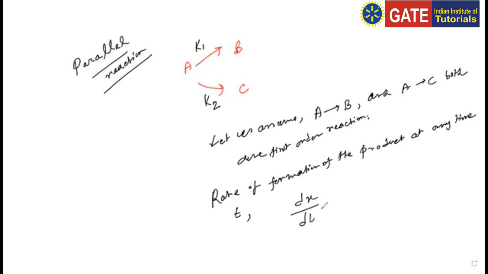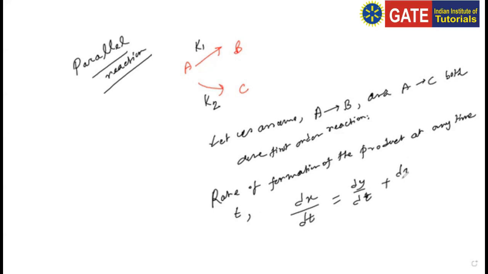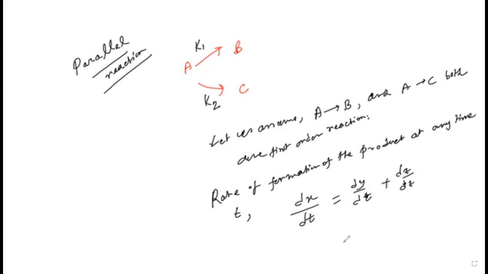dx by dt is equal to, let's say, dy by dt plus dz by dt.